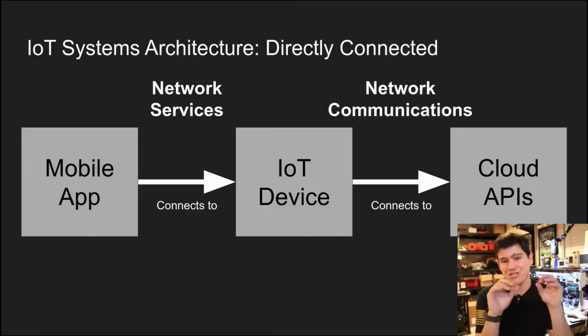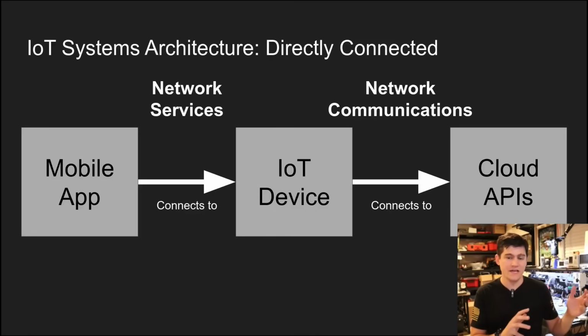Generally speaking, with a TCP/IP device, this IoT device here, you're going to call what's a network service and what's network communications. If the IoT device is acting as a server, hosting an application running on a server, and some other device acts as a client and connects to that service, those are network services.